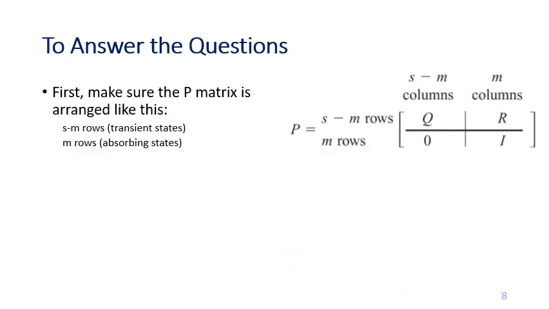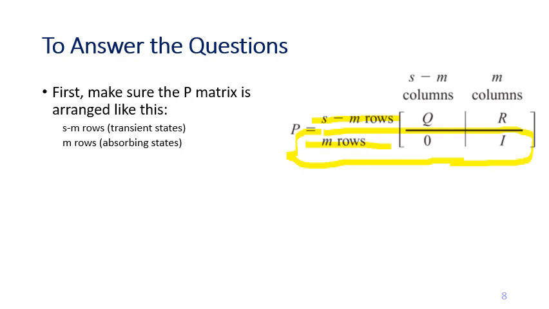To answer those questions, all we need is the transition probability matrix P. But first, we need to make sure that the P matrix is arranged like this. So the first rows must be related to transient states, and then you must organize such that all rows related to absorbing states are arranged at the bottom part of the matrix.